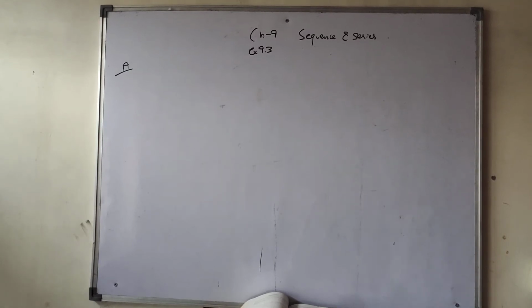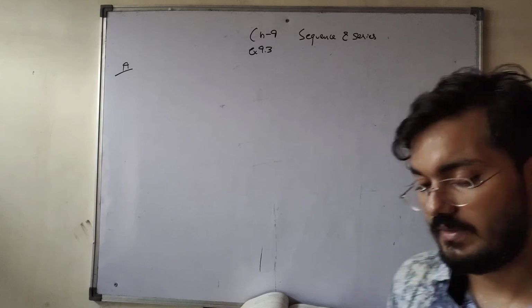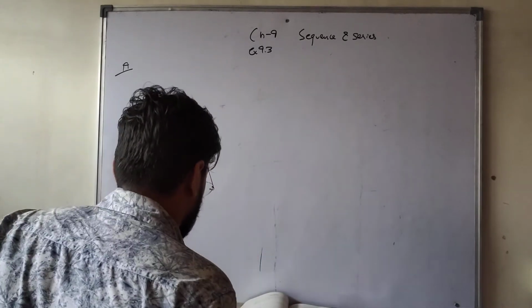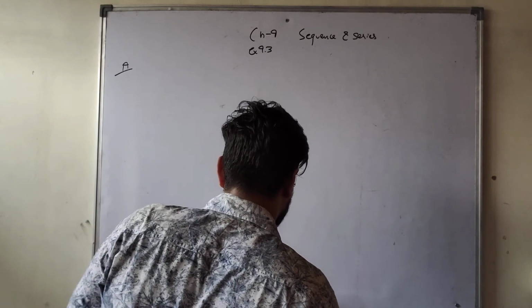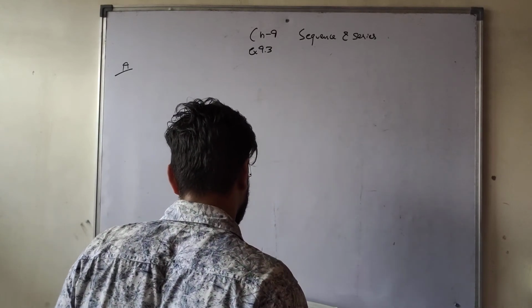Next is question number 19. In question number 19 we have, find the sum of the products of the corresponding terms of the sequence 2, 4, 8, 16, 32 and this.